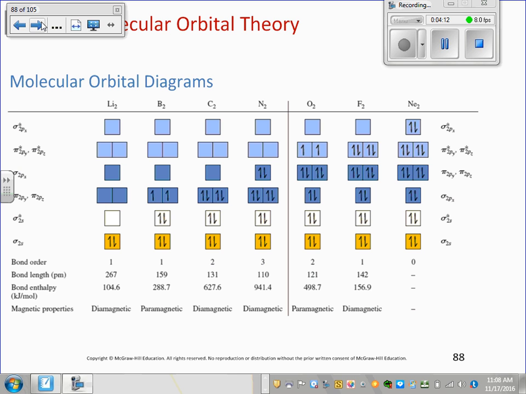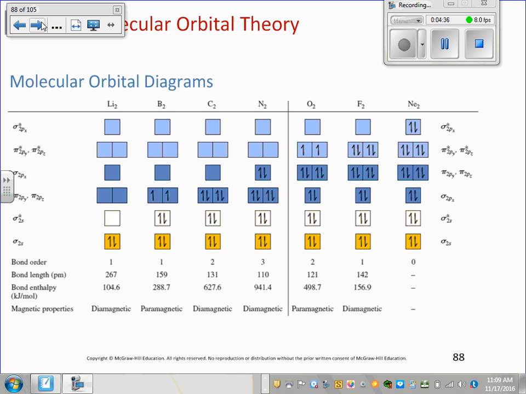I have 2 in the sigma 2s, and 2 in the pi 2py 2pz, so that's 4 in bonding orbitals, and then 2 in the sigma star 2s. If you look there, the 2 that are in the pi 2py and pi 2pz are unpaired. So that means B2 is paramagnetic.